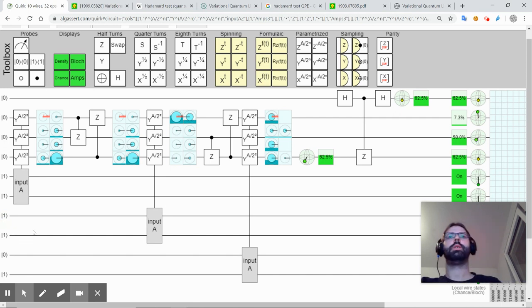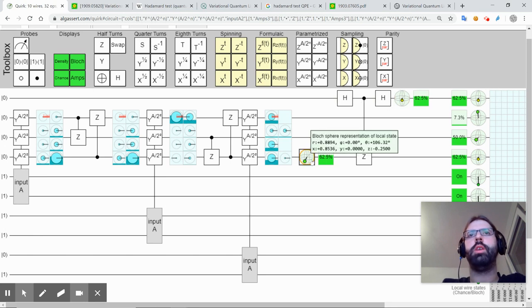What happened? 62%. And to be honest, it seems like the only thing this is doing is copying that qubit, the probability of that qubit.